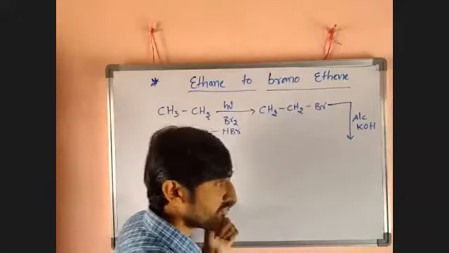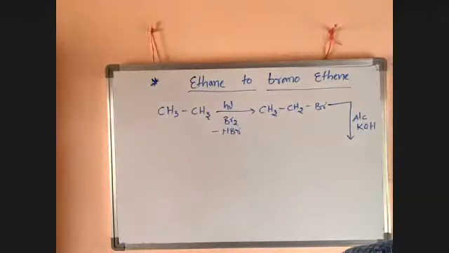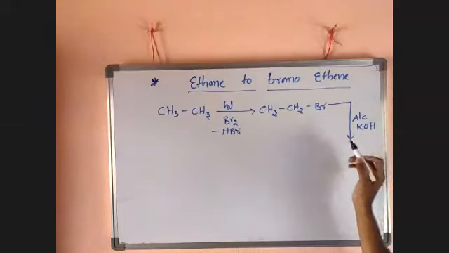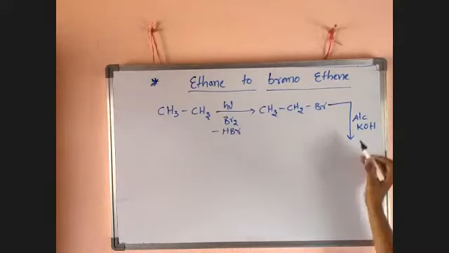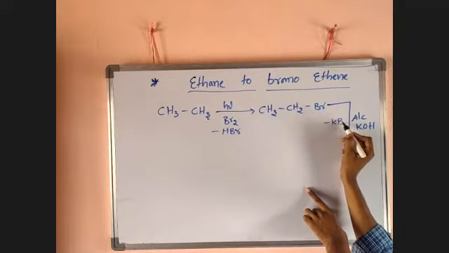What is the duty of alcoholic KOH? The duty of alcoholic KOH is dehydrohalogenation. You must eliminate hydrogen and halogen from adjacent carbons. So K will get that Br, eliminated in the form of KBr.